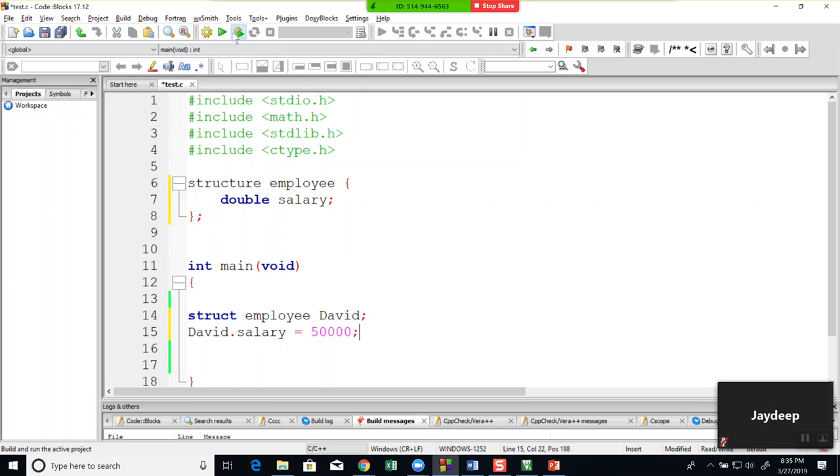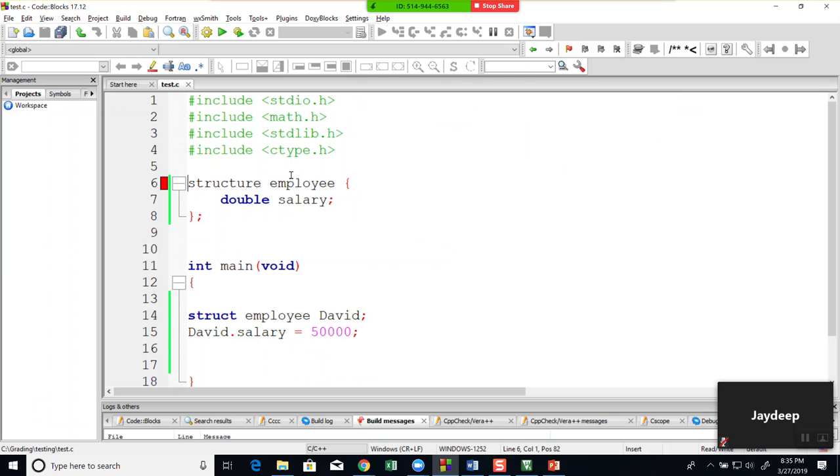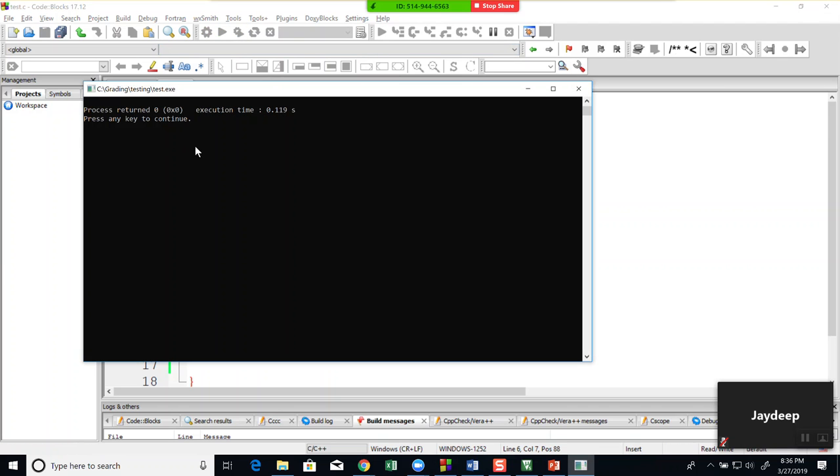Now let's see if I forgot anything. Doesn't like structure spelled out. It must be just struct. There we go. I should have recognized it because it didn't change the color. Okay, so no errors.